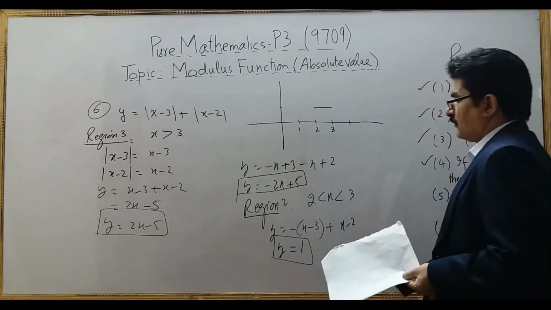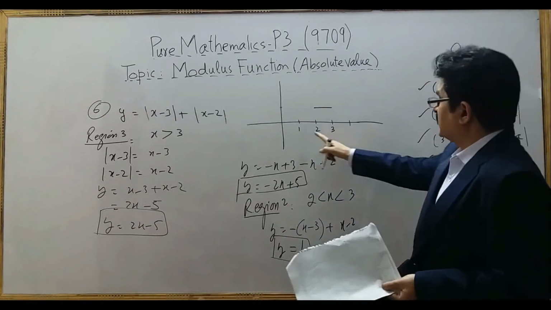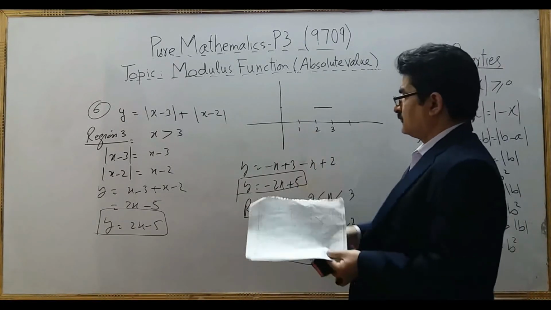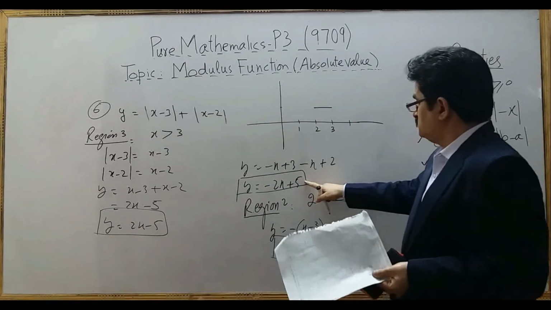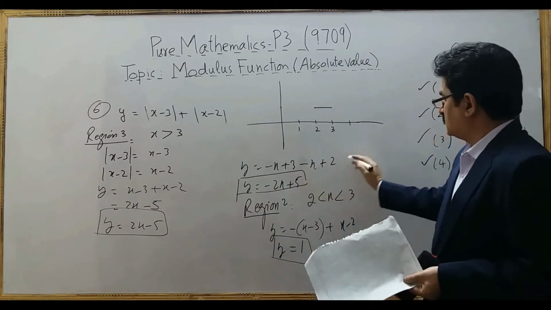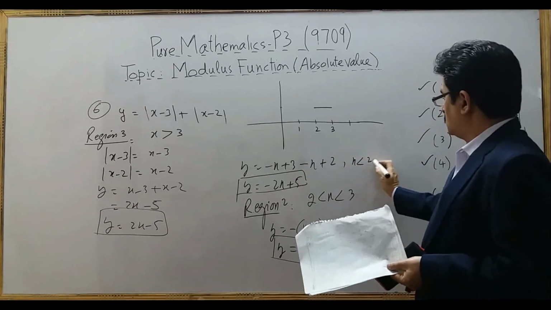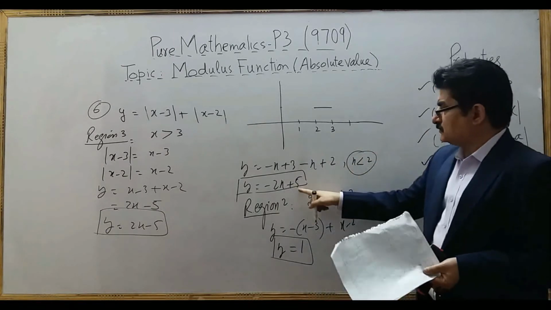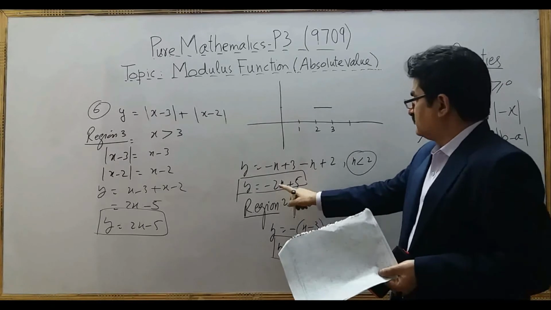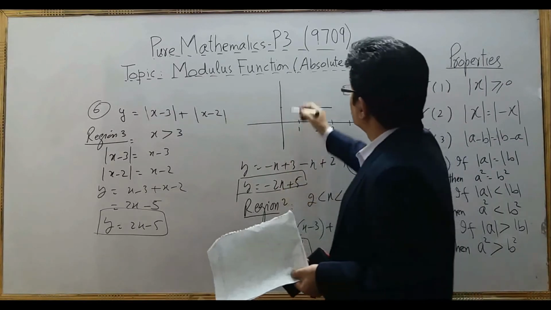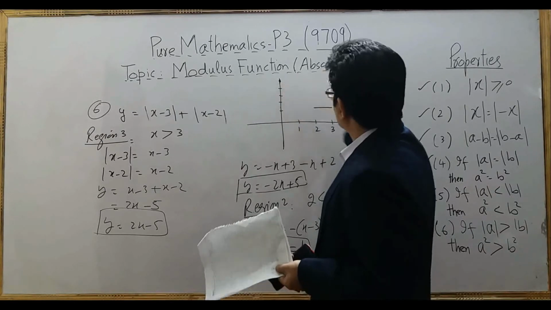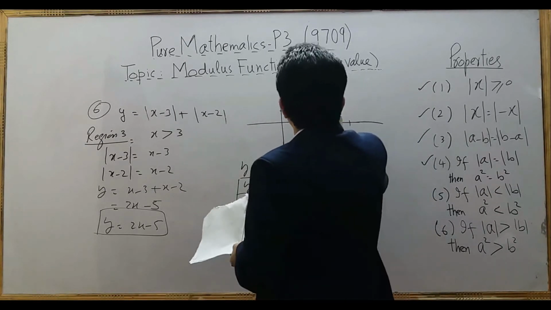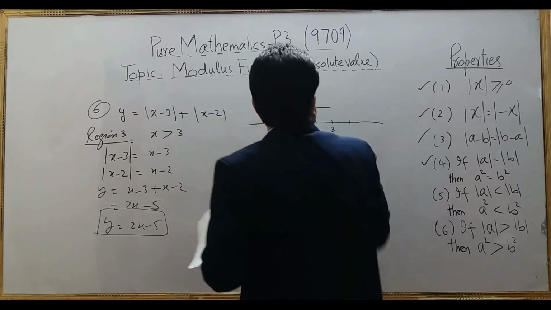And when your x is less than 2, this is the first case. When you have x less than 2, if you put 0, you will get 5. So 1, 2, 3, 4, 5 will be over here, and you will have a graph like this.